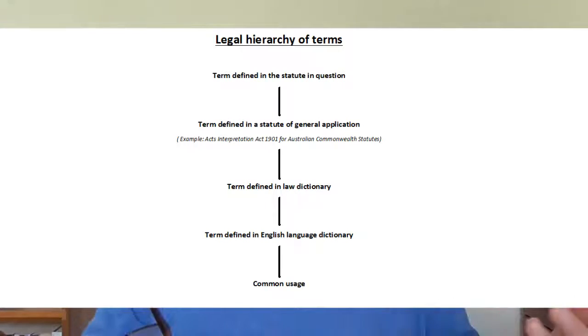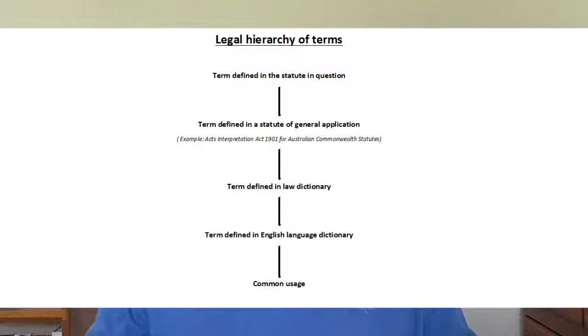If the legal issue you have is, let's say, a tax issue, you need to determine whether a particular term that an argument hinges upon is defined in the tax code. If the term is defined in the tax code, then that is what the term means, irrespective of what you think it means in everyday life. Okay.